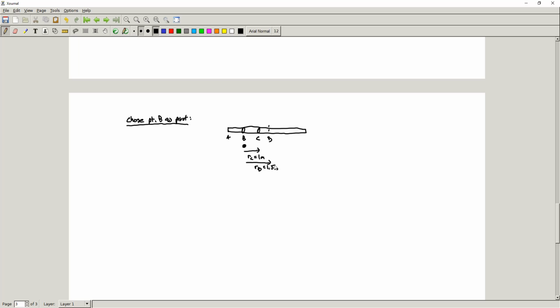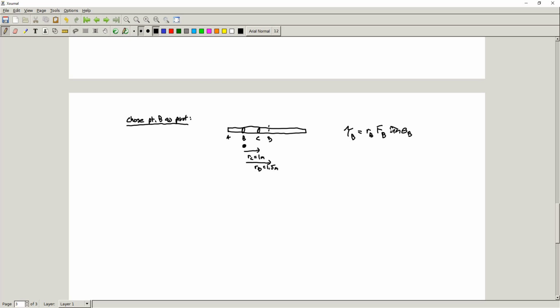So if we choose B, it's true that there's still a force being applied at point B, right? But from the perspective of torque, think about what the torque at point B is going to be. The torque at point B is defined as RB FB sine theta B, right?